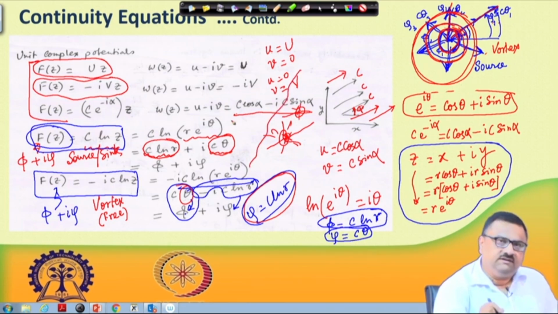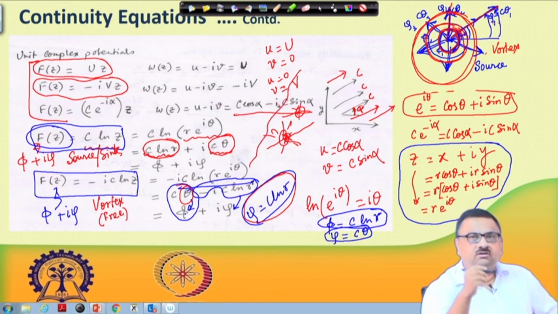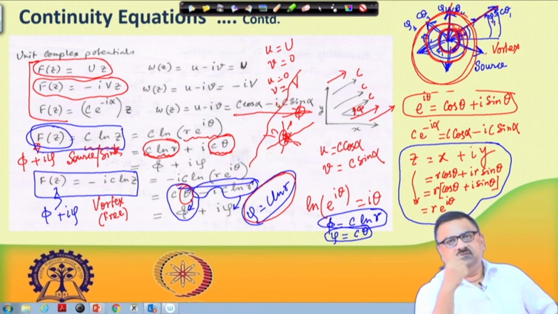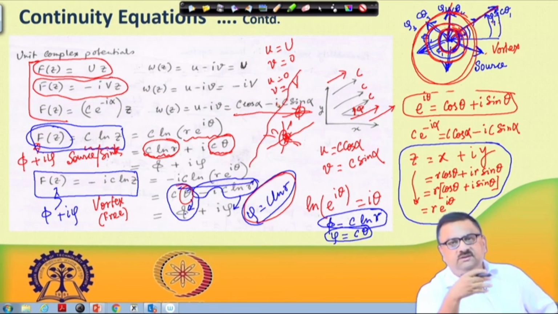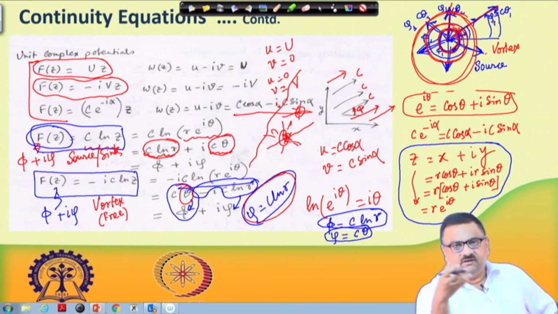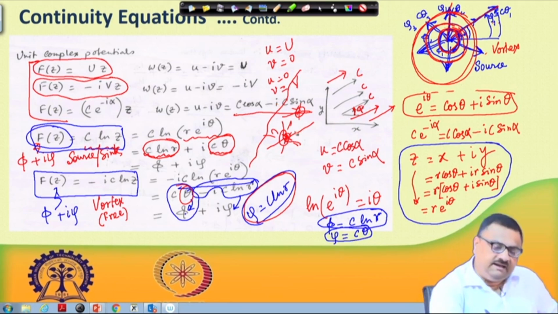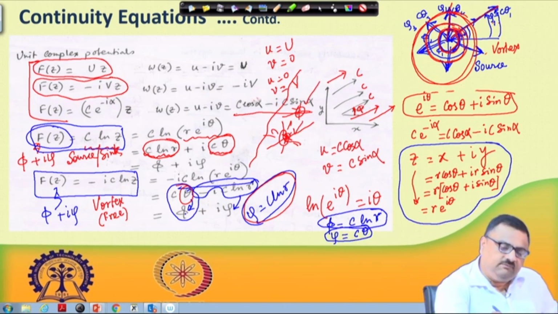If you want to plot the streamlines, to see where they come close to each other or diverge, that means where the velocity is more and where it is less, you simply take the elemental flow of a source, the elemental flow of a sink, and superpose them.